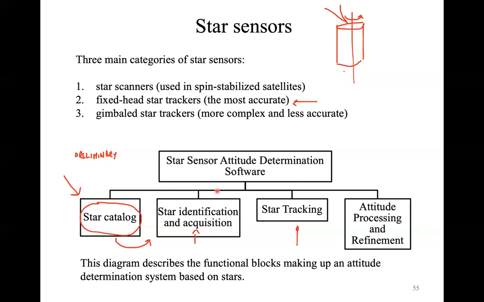The four steps of operation of the star sensor attitude determination software are reported here: star catalog upload, star identification and acquisition, star tracking, attitude processing and refinement. When you have to start the operation of a star tracker, you have to collect your first measurement.